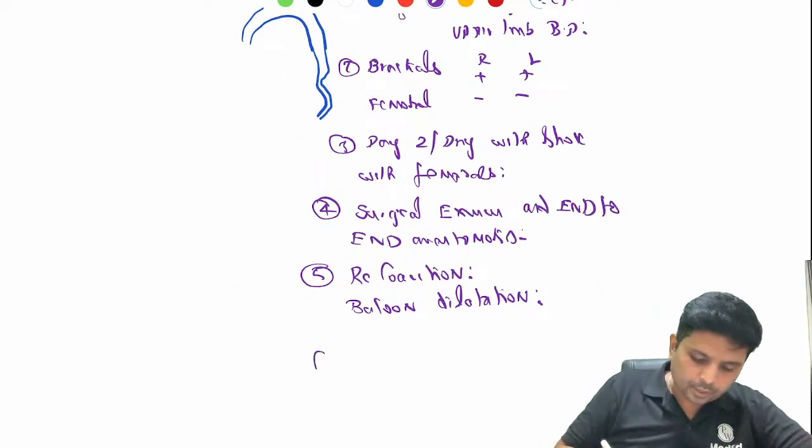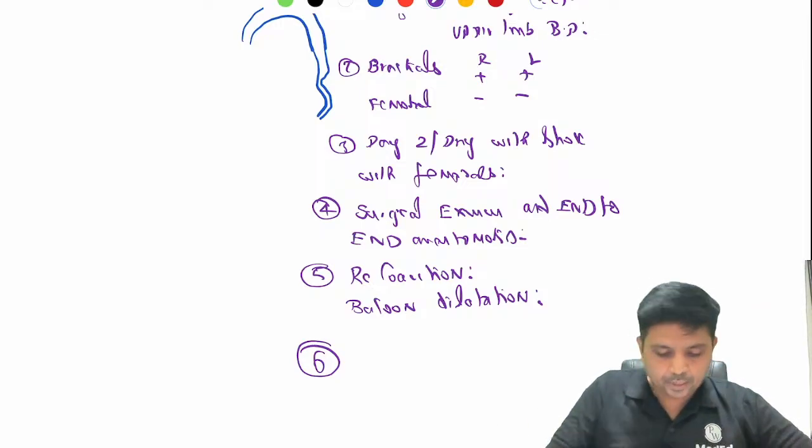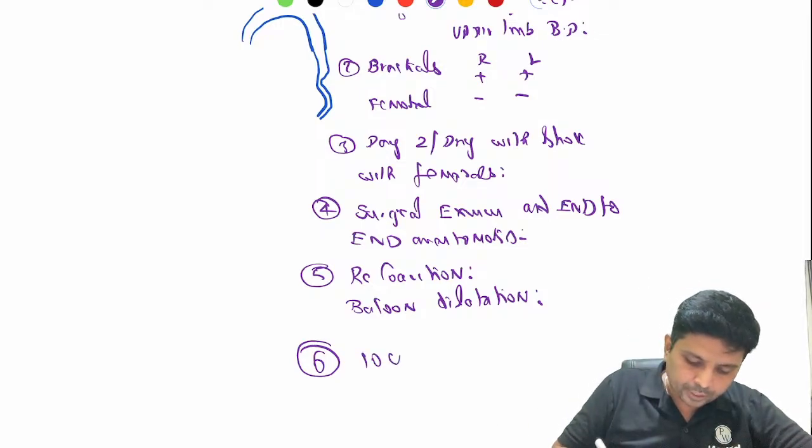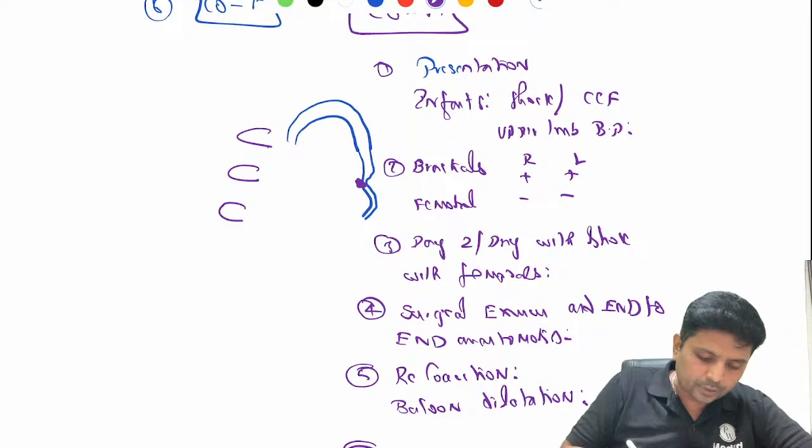So what are all the other things they will ask you? By about 10 years, remember, this area is blocked. So what will happen? The intercostal arteries will be enlarged to bypass the obstruction.